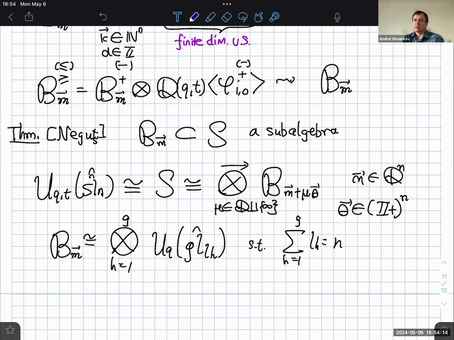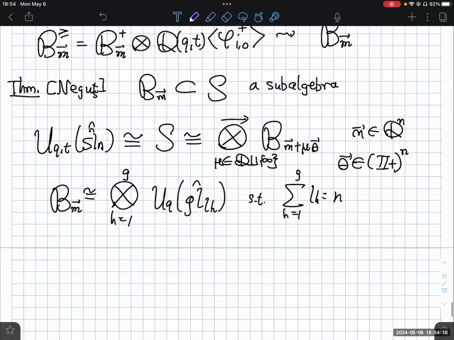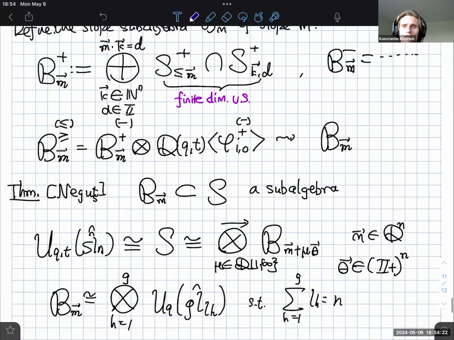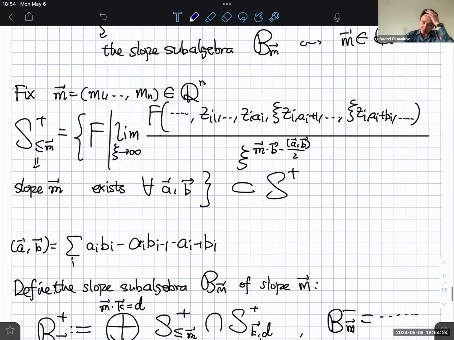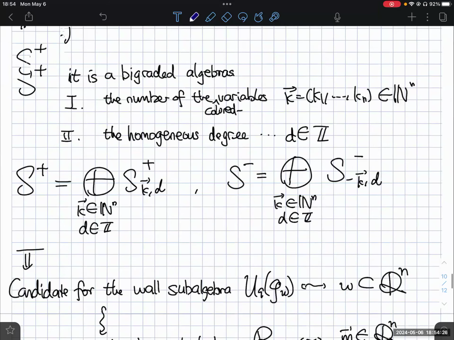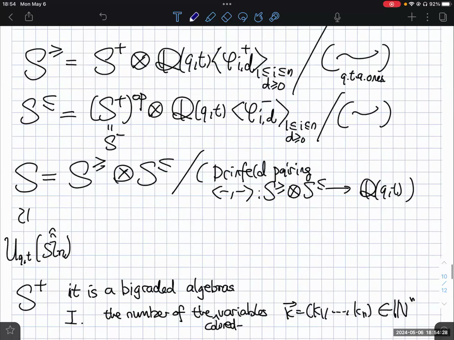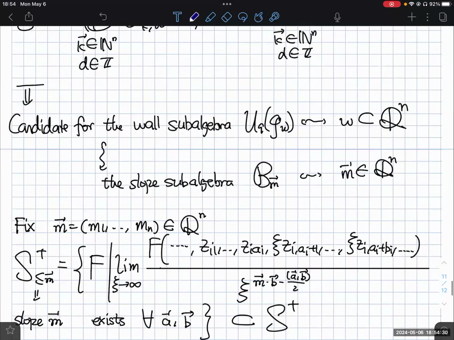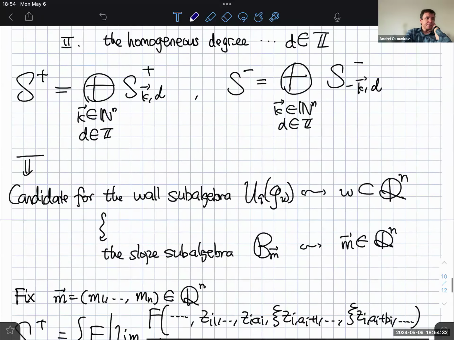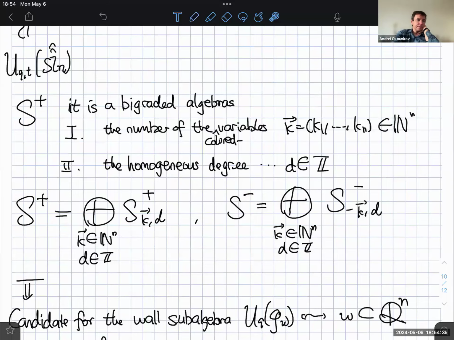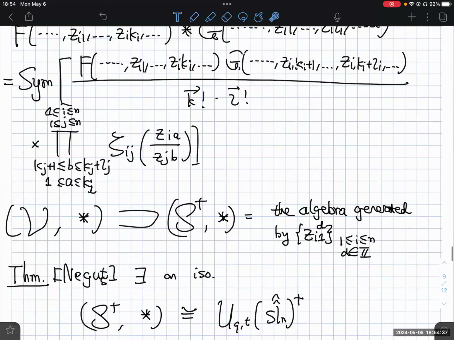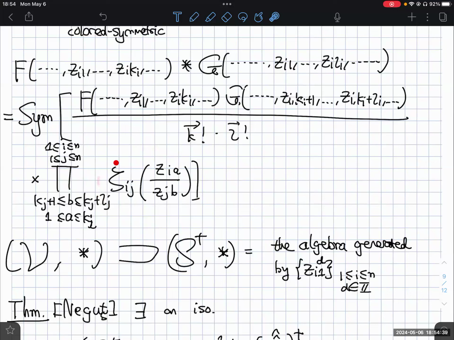Okay. Sorry, which part of the shuffle algebra depends on the quiver? Is it the zeta relations? There are two things actually. The first thing is this twisted function, this zeta function.